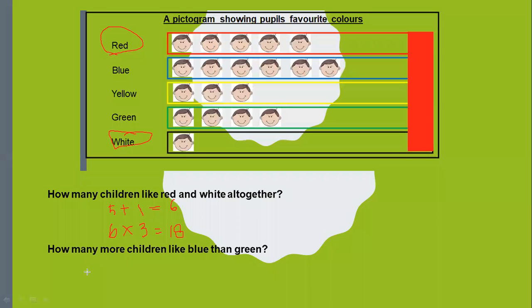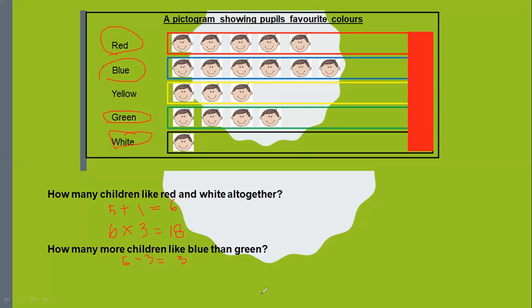How many more children like blue than green? You can see blue then green. It means you have to subtract blue and green. Blue, it is 6 heads, and then for green it is 3 pictures. So it means 6 minus 3 is equal to 3.